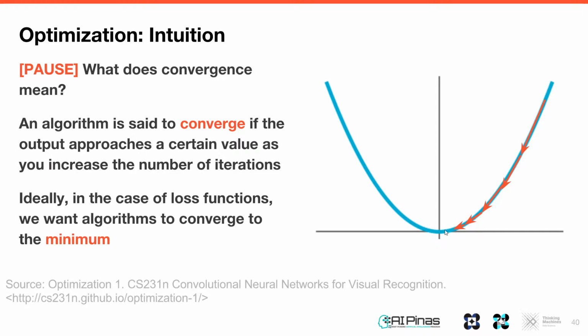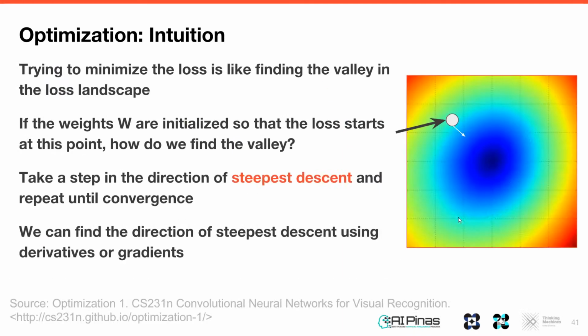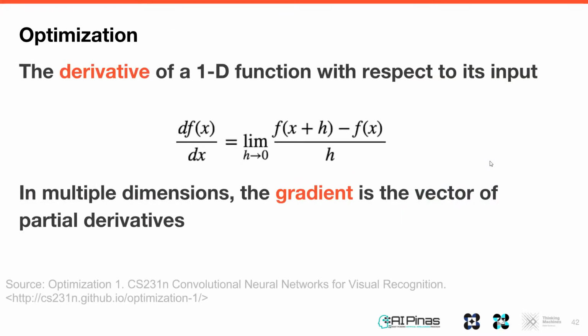That is convergence. And ideally, we want our algorithms to converge at the global minimum of the loss landscape. We don't calculate the full loss landscape when we do deep learning. What we're trying to do is have a good enough estimate, find values W that make sense for us.